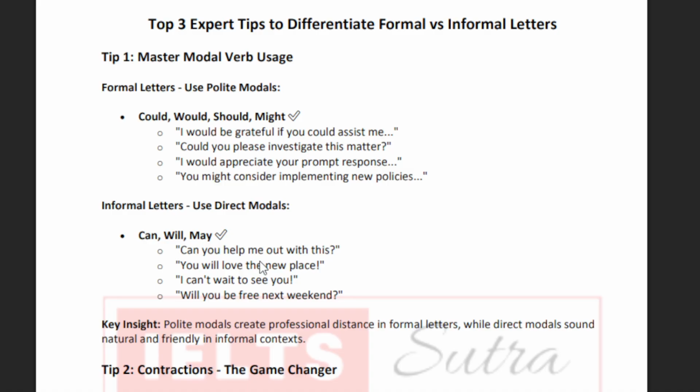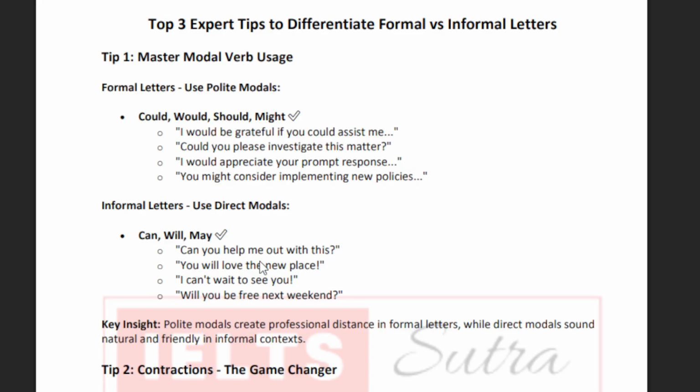Modal verbs, like can, could, may, might, shall, should, all of these are called modal verbs. And there are some verbs which are way more polite as compared to some other modal verbs.